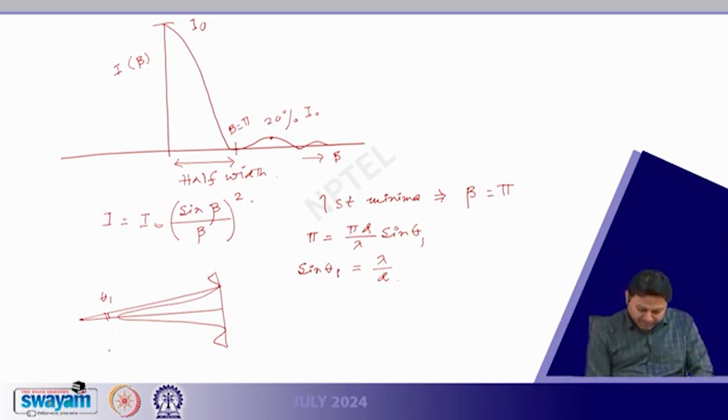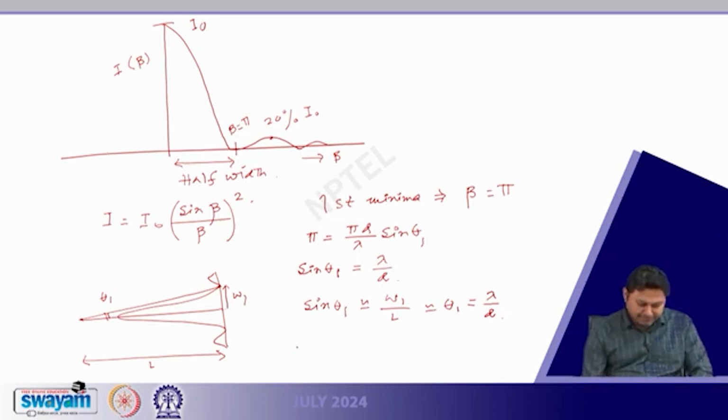If we have this length as L, and from this central point to this point, say W 1 for the first minima, then for small theta, sin theta 1 is nearly equal to W 1 divided by L, and that value is nearly equal to theta 1, which is lambda divided by d.